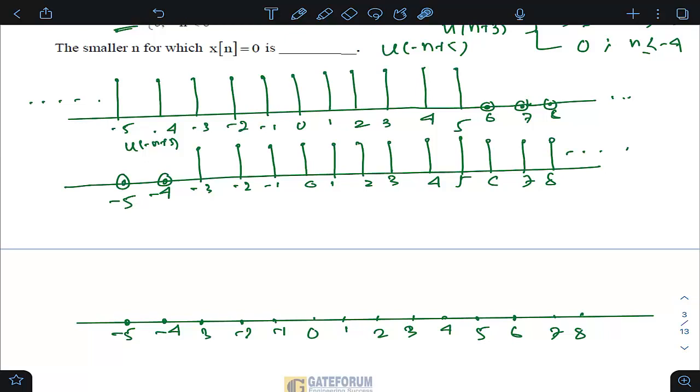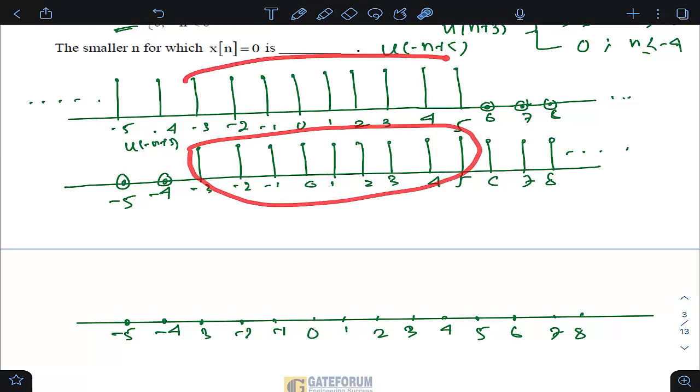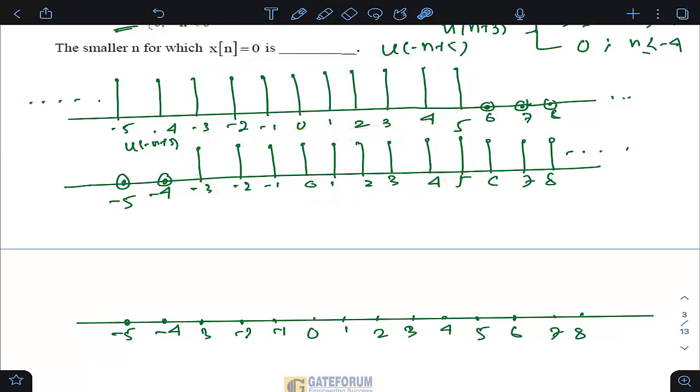If you see this, from minus 3 to 5, both of the waveforms are 1. So 1 minus 1 is definitely 0. And what is going to happen to the left of minus 3?